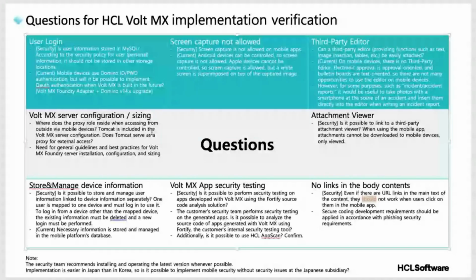So our HCL managed Foundry is available on AWS only for Voltemex, and that's what we can manage. But the customer can install it or deploy it on their cloud, but then it is basically on-prem for them. Yes, that is the same as on-premise.